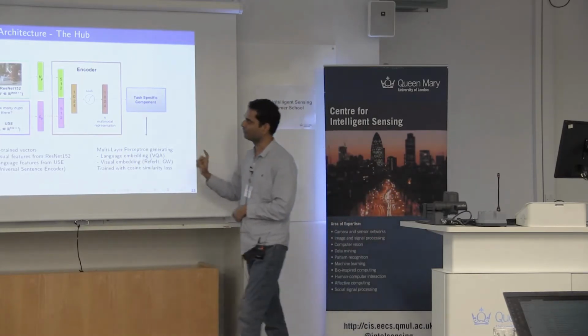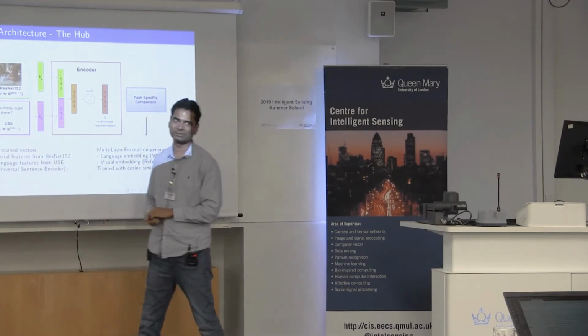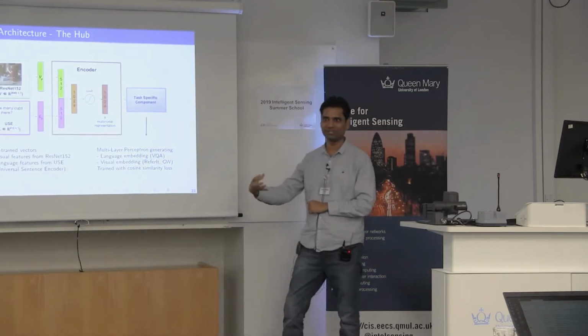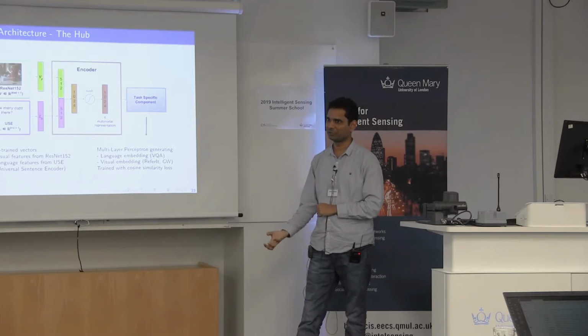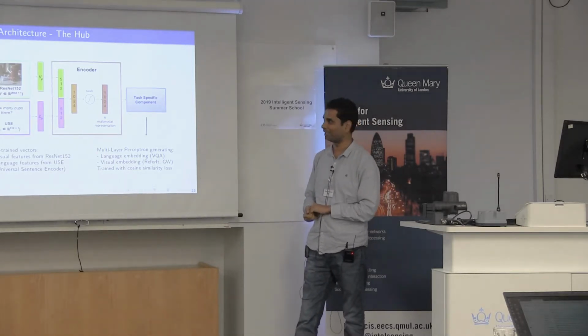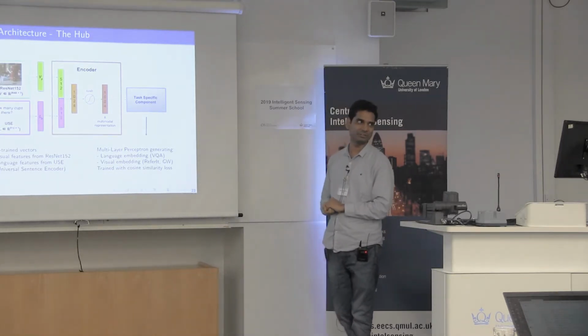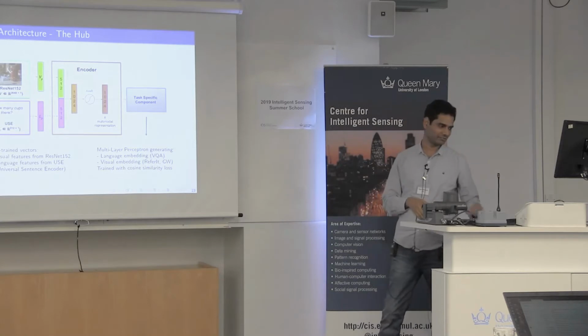There is also one more thing. We also used a pre-trained model here, the universal sentence encoder, so that it's not dependent on the language. If you train your own LSTM, it might get biased towards that. So we try to make the architecture as simple as possible, so that it's not biased by anything.